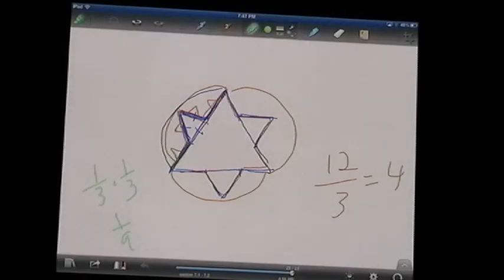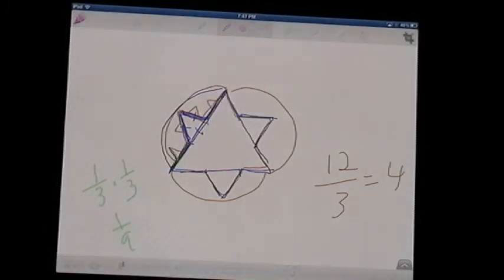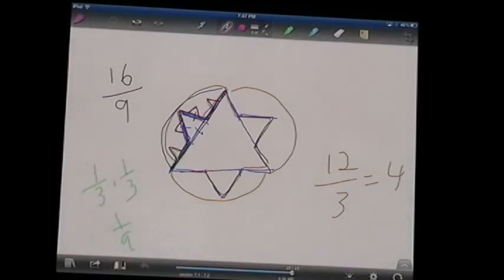I'm going to have to use a stronger color than that. I can't use highlighter. So we've got 1/9, 2/9, 3/9, and so on up to 16/9. Each side has 16/9.